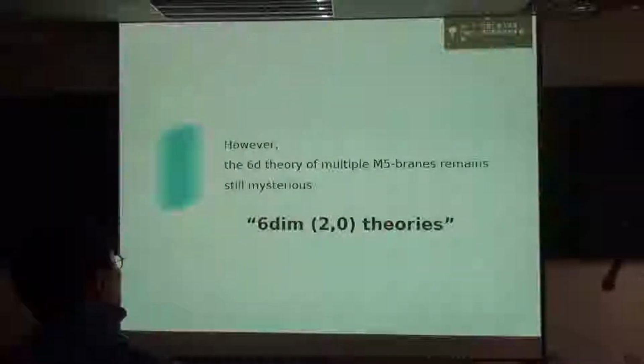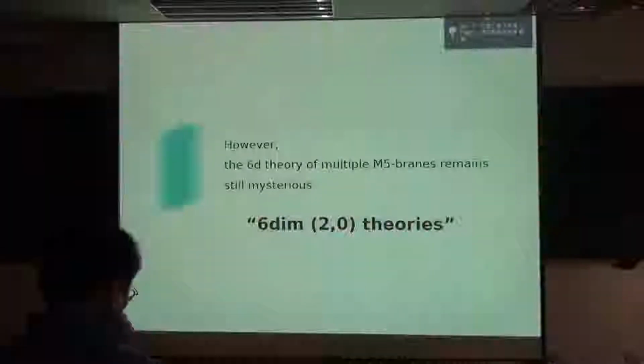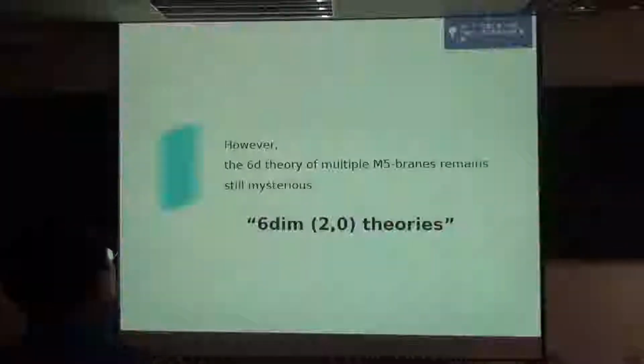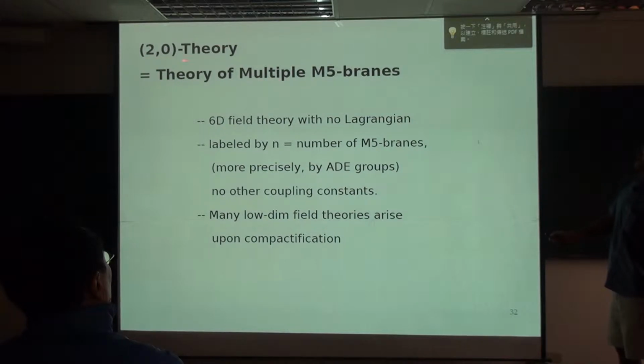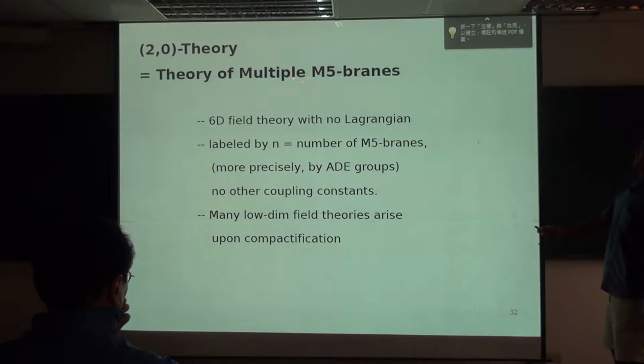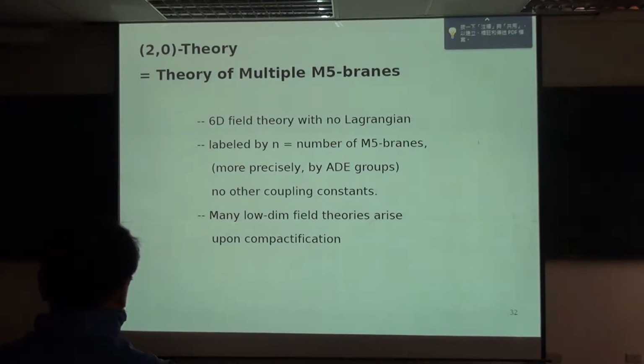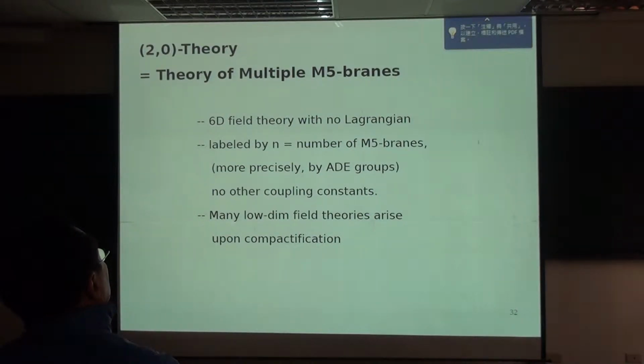And the recent study is focusing on this six-dimensional (2,0) theory, which is characterized by the theory of multiple M5 branes and is known to have these properties. First of all, this is a six-dimensional field theory, but we don't know how to write a Lagrangian for it. There are proposals about a Lagrangian, but we haven't reached an agreement.